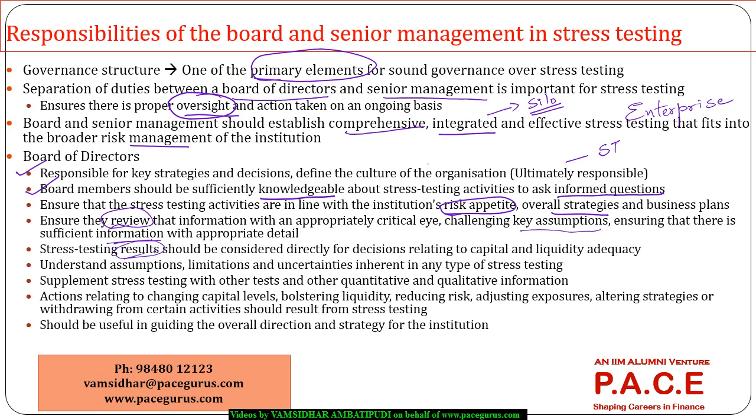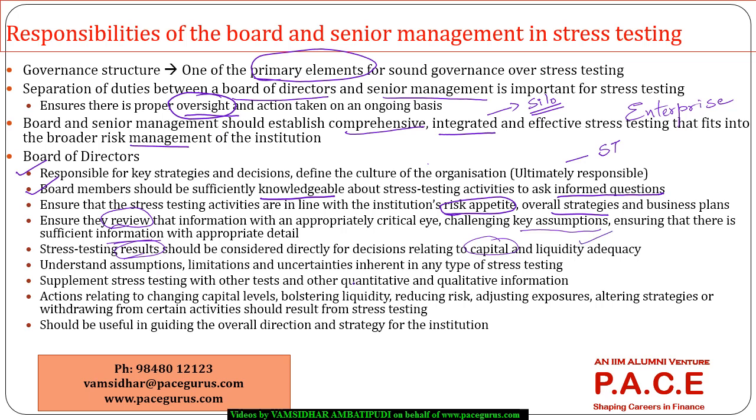Then coming to the results of the stress test, whatever the decisions that they are taking with respect to capital adequacy, right? In terms of raising extra capital, or in terms of giving new kinds of loans or whatever, something to do with capital adequacy. All the decisions that are associated with the capital adequacy should be very well related with the results of the stress testing.